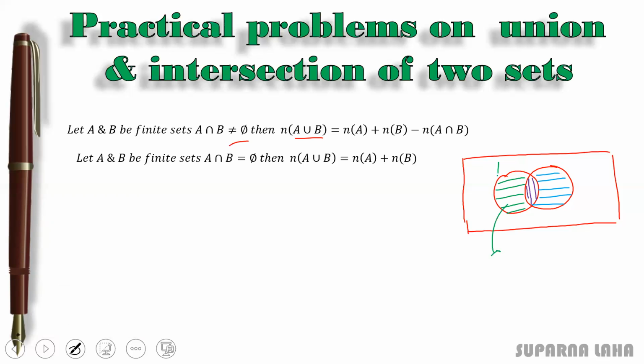So what is the green part? If this set is A and this is B, this green part is A minus B, right?